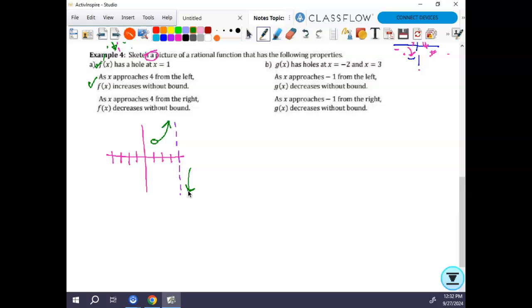Now that's all the information they gave us. We also should have a horizontal or slant asymptote somewhere. We don't know which one it would be, and we have no idea where it would be, but it will be helpful to us to draw something in. And since they didn't give me anything else, I can put it anywhere I want. So I can just put it here at y equals 0, because again, we don't have to go crazy.